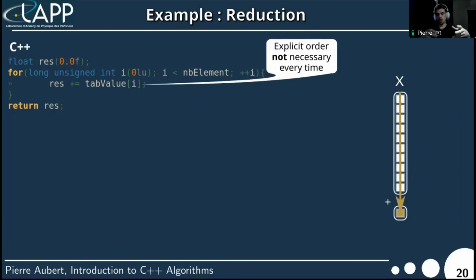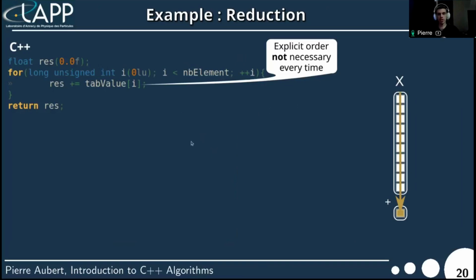But of course, if your data are really badly conditioned, you need to sort before or use the compensated sum that we saw also in the Vincent webinar. So if you are curious about that, I invite you to see this webinar. It's really interesting to know what tricks you can use once you want to do a really big sum, but without losing the precision.